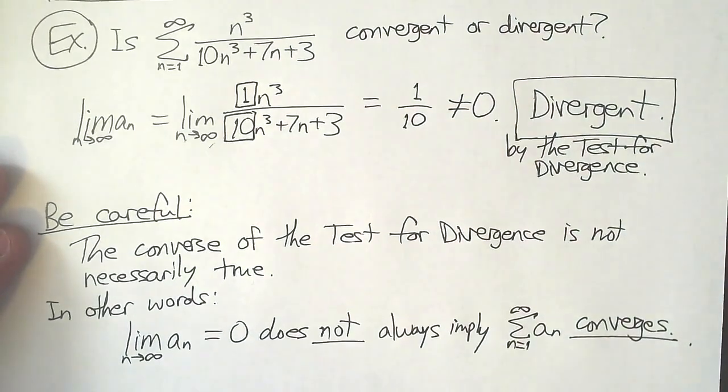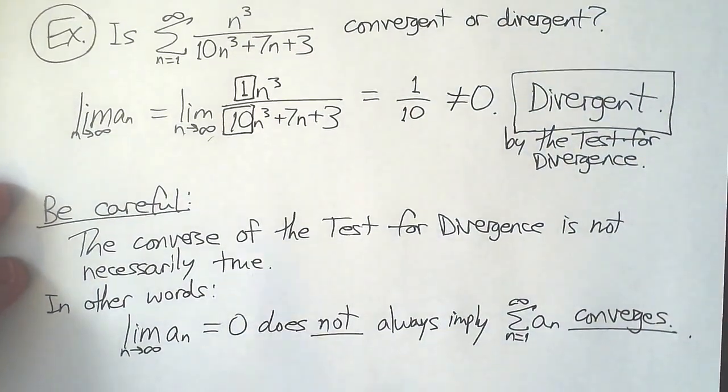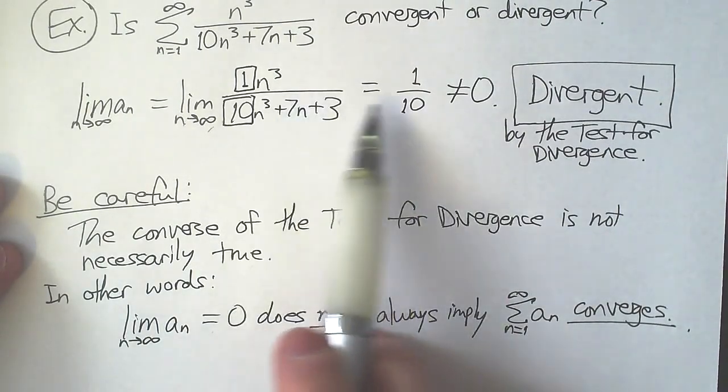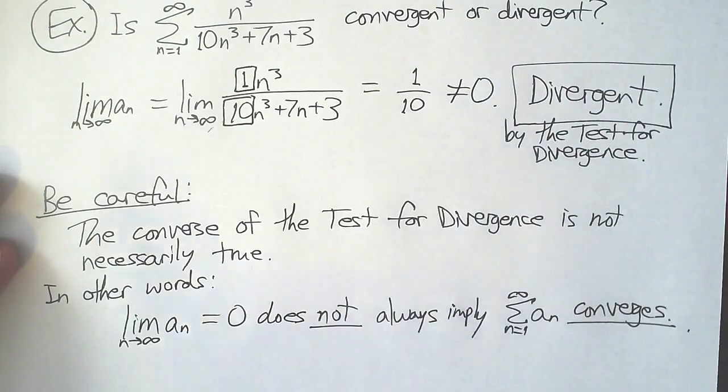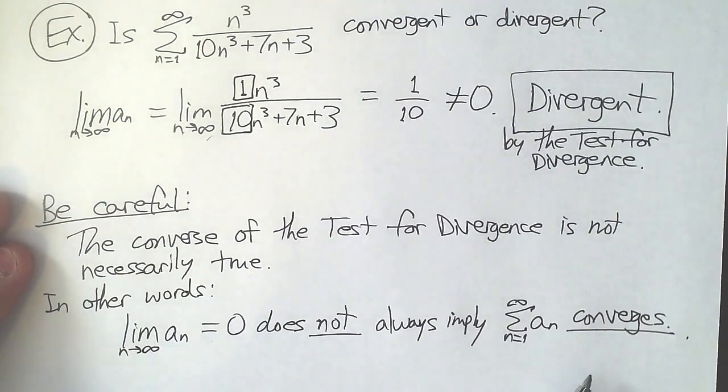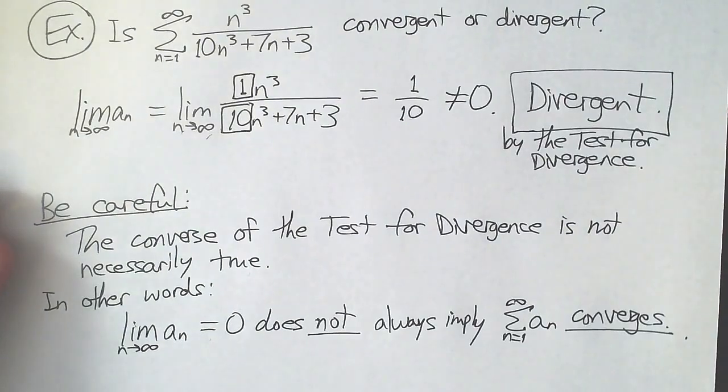If you had a series and you checked the limit and it does equal 0, it is not okay to conclude that the series converges. So the test for divergence only works in one direction.